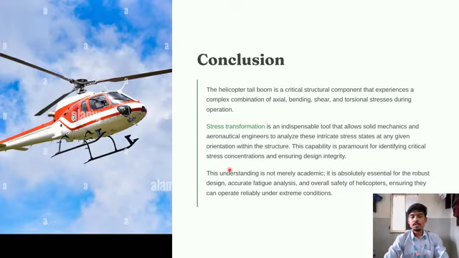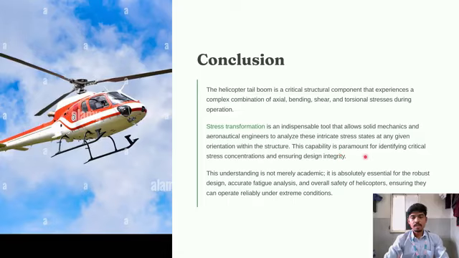The conclusion we get is that the helicopter's tail boom is a critical structural component that experiences a complex combination of axial, bending, shear, and torsional stresses during operation. Stress transformation is an indispensable tool that allows solid mechanics and aeronautical engineers to analyze these stress states at any given orientation within structures.